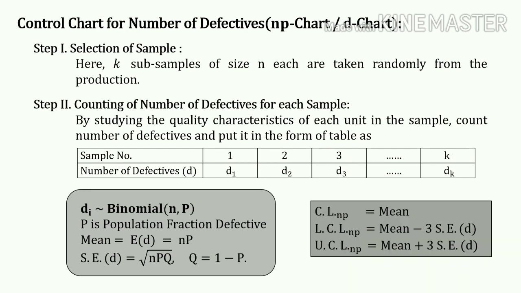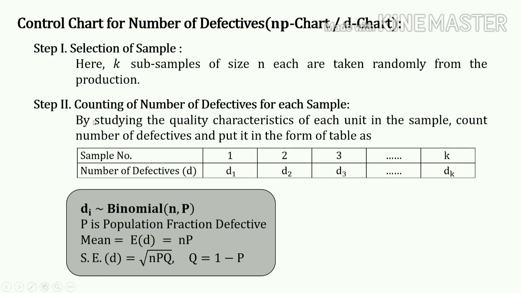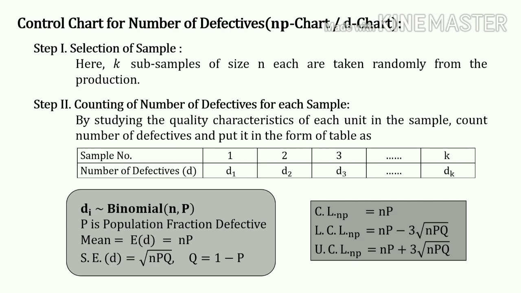In case of attribute control chart, the control limits are obtained by using these formulas. That is, the central line is the mean, the lower control limit is 3 standard errors below the mean, and the upper control limit is 3 standard errors above the mean. In case of NP chart, we can obtain these limits by replacing the mean by np and standard error by square root of npq.